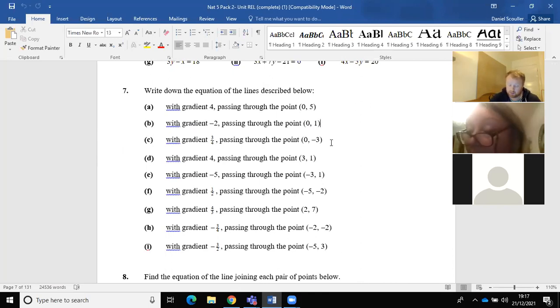Can I just go back to this drawing? I gave you a bum steer. That line should be going like that. The gradient's negative. Oh, sorry, I'm not sharing that.